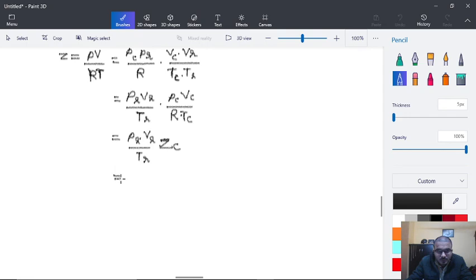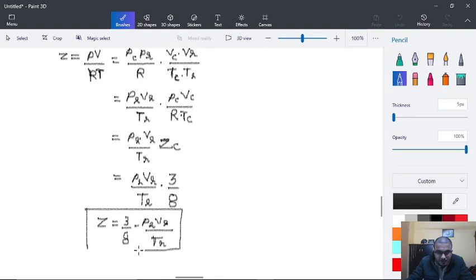So we get PR VR upon TR into 3 upon 8. So the value of Z here is equal to 3 upon 8 into PR VR divided by TR. So this is the final value of Z.